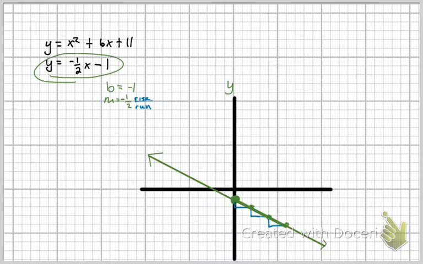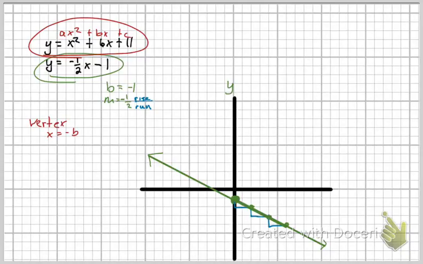Now our second equation, we can see, hey, this time we've got a quadratic again. Y is equal to x squared plus 6x plus 11. So on this, we're going to start by finding our vertex. And the formula to find the vertex is negative b divided by 2 times a.